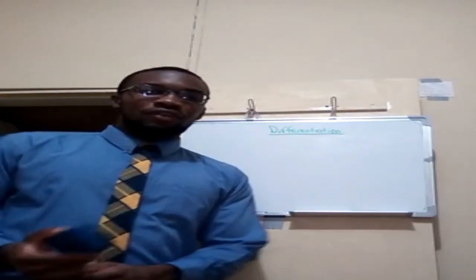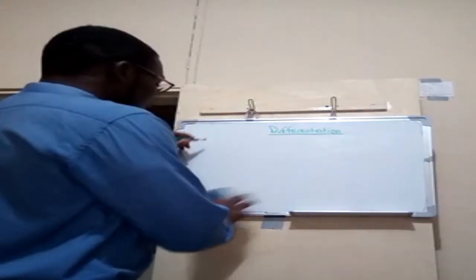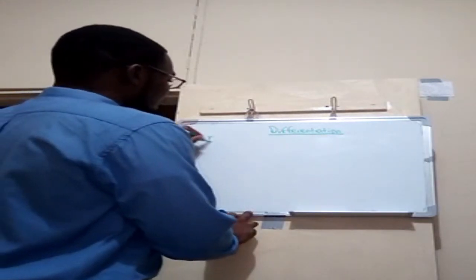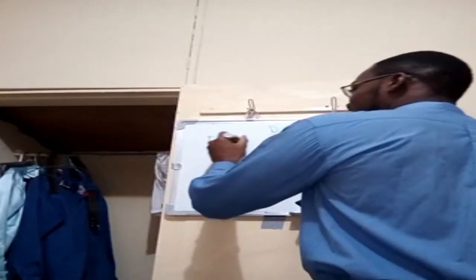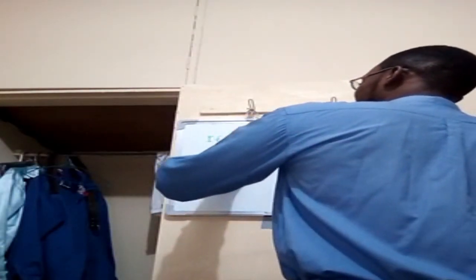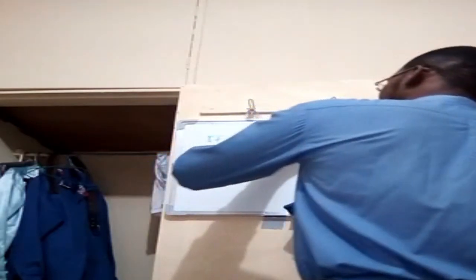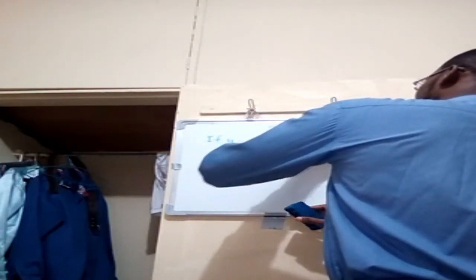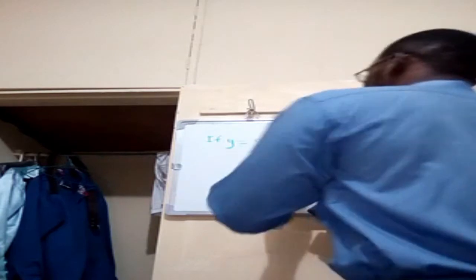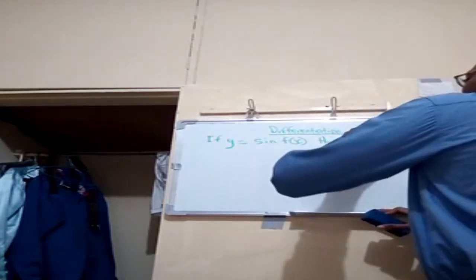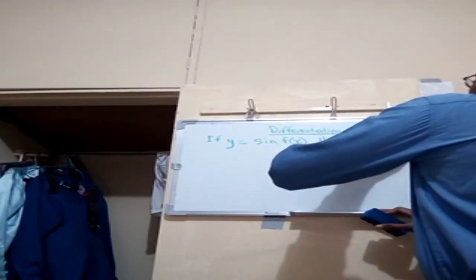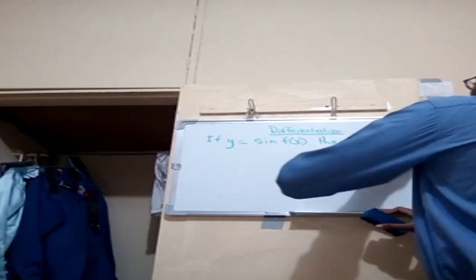These are the rules that we have to follow. If y is equal to the sine of a function of x, then dy by dx is equal to, when we differentiate sine, we get cosine f of x times f prime of x.